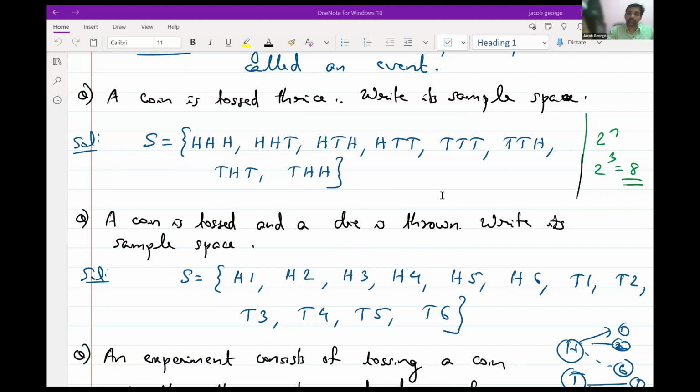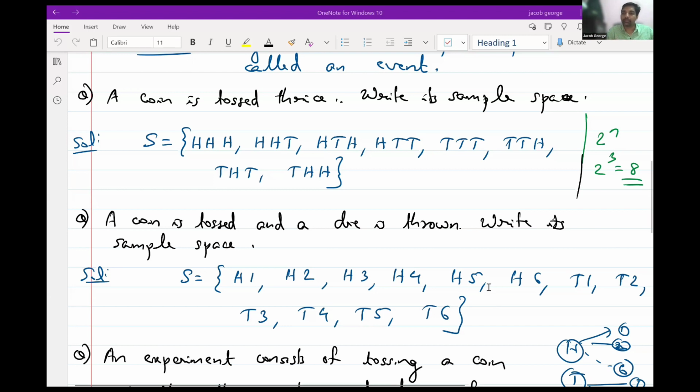With the tail also the same way: T1, T2, T3, T4, T5, T6. Is it clear, children? All possible outcomes we list out like this as a set, and we get the sample space. Clear?